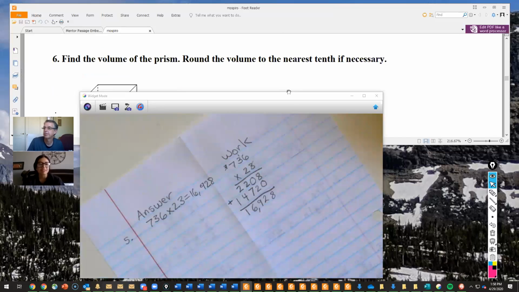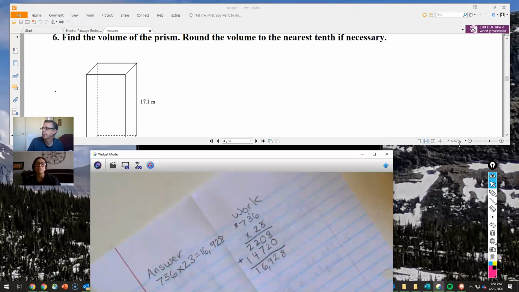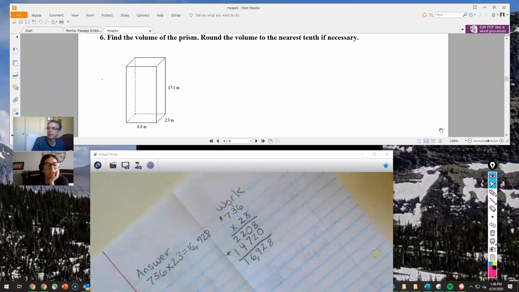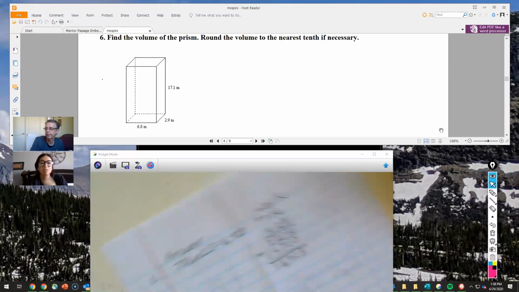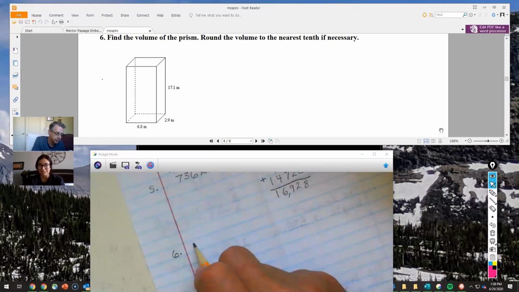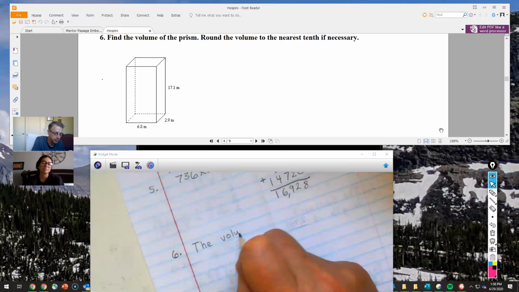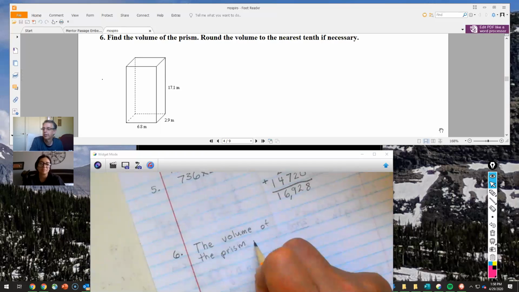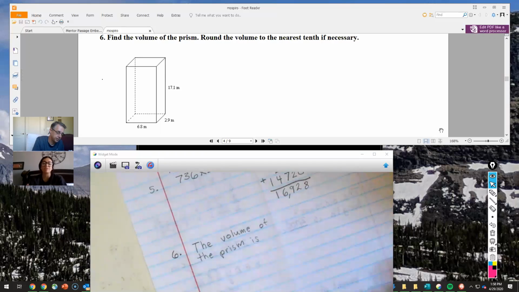All right, so it says find the volume of the prism. Round the volume to the nearest tenth if necessary. So it looks like we are going to be writing for our answer sentence, the volume of the prism is, and then you're going to go ahead and want to write your blank.